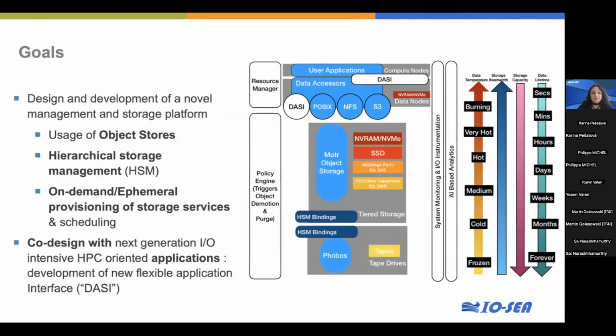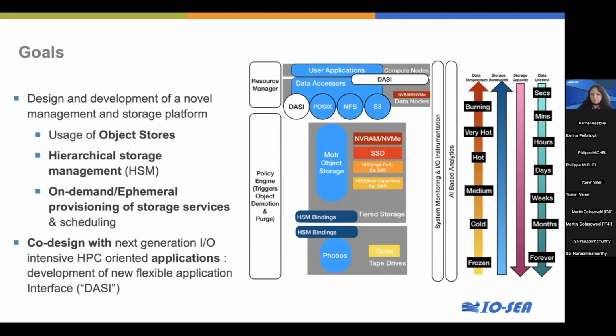And here you can see the goals of the project. The project is focused on design and development of a novel management and storage platform, which includes usage of different types of object stores, taking into account hierarchical storage management and on-demand ephemeral provisioning of storage services and scheduling, and also co-design with the next generation IO-intensive HPC-oriented applications.